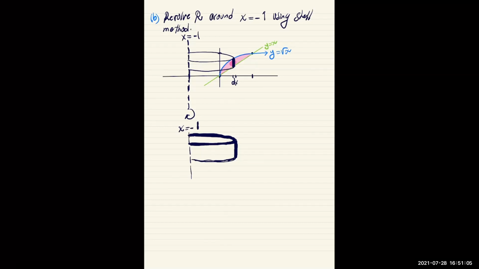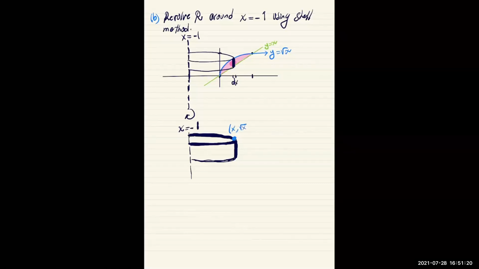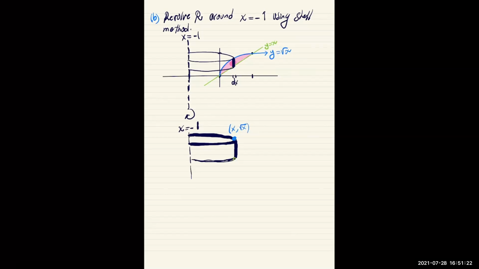Okay, so we need two things. I need the height of the shell. So same, guys, same as before. This point here is x, f of x, which is square root of x. This point here is x because it's on the line where the equation is y equals x. Write down the y value here.